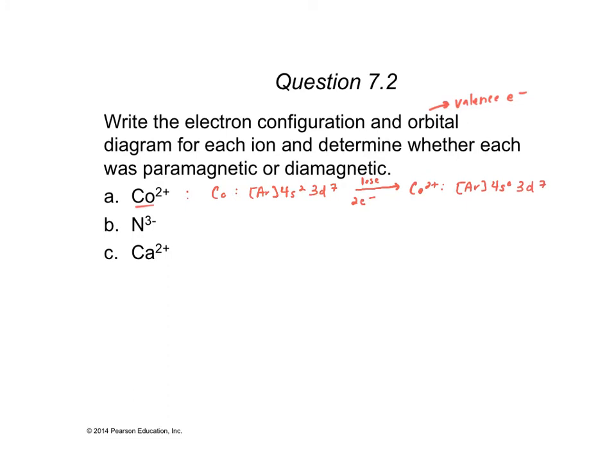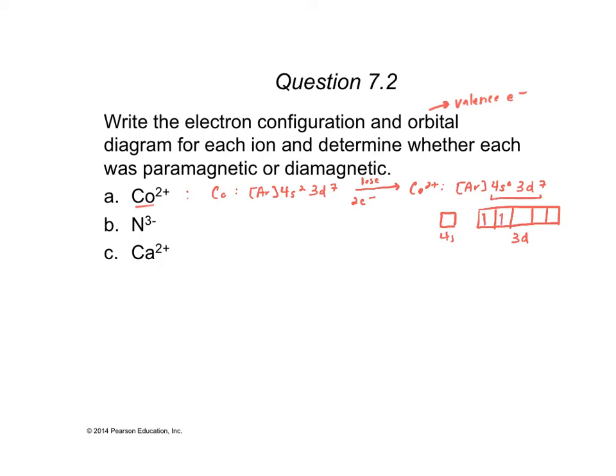If I drew out the orbital diagram, I guess I shouldn't say valence electrons, that's kind of misleading. Whatever these are, I'm going to draw it for 4s and then my 5 3d orbitals, 1, 2, 3, it's close enough. Okay, so here are my 3d orbitals. I have nothing in the s orbital in the ion, and then I have 7 electrons.